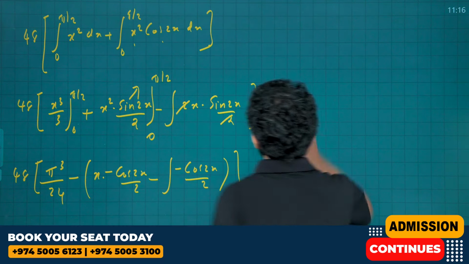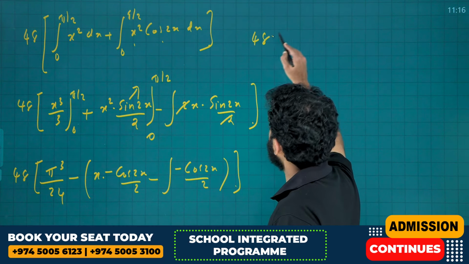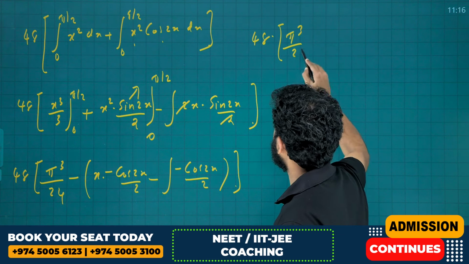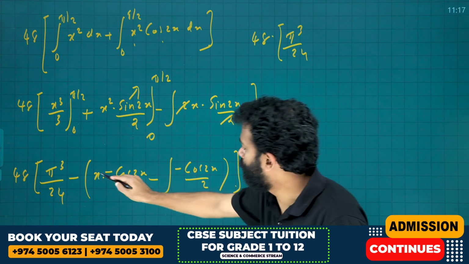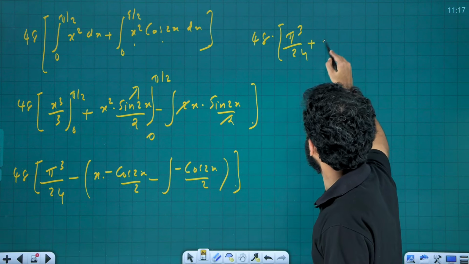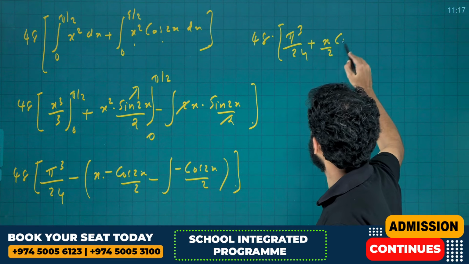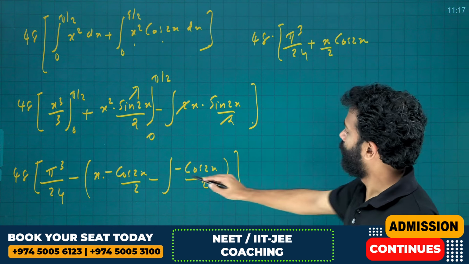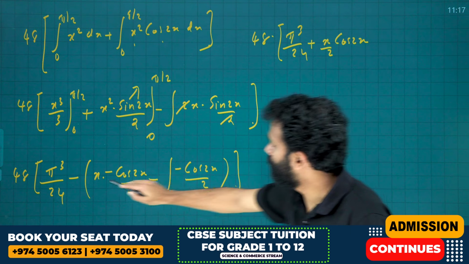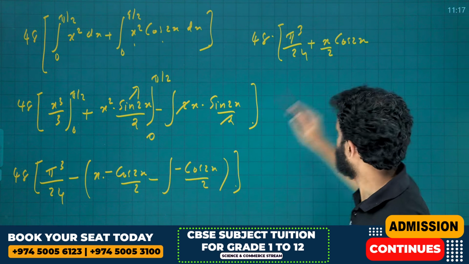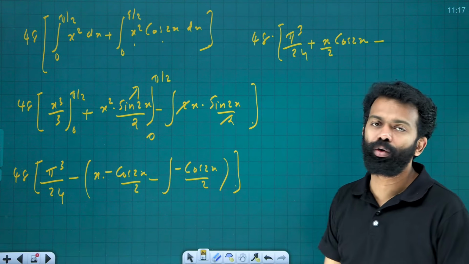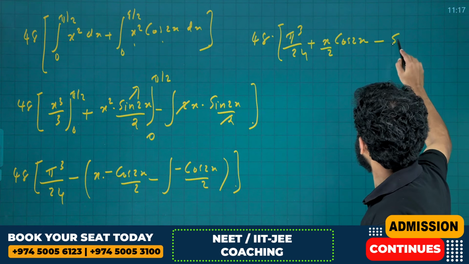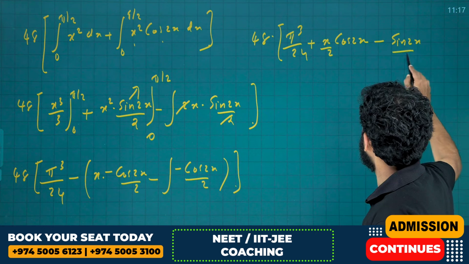So it will be 48 into pi cube by 24, and this will be plus x by 2 into cos 2x. Two minuses are again there, so it will be minus. What is integral cos 2x? That is sin 2x by 2. Again, one more 2 is here, so it will be sin 2x divided by 4.